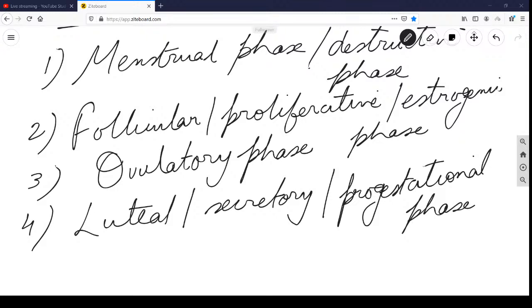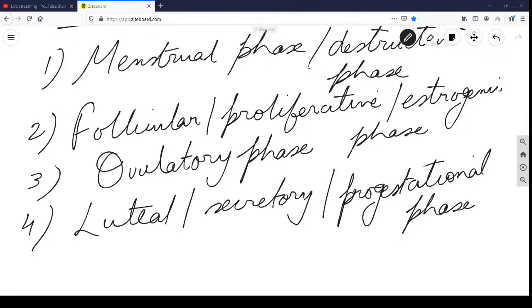If a bioscientist is starting the menstrual cycle, he would say day 1 to day 12 or 13 is the follicular phase. But as far as the gynecology department is concerned, they count the menstrual cycle from the day the first bleeding begins.